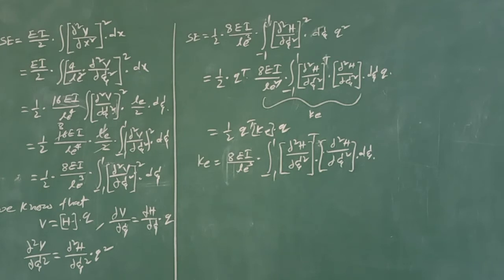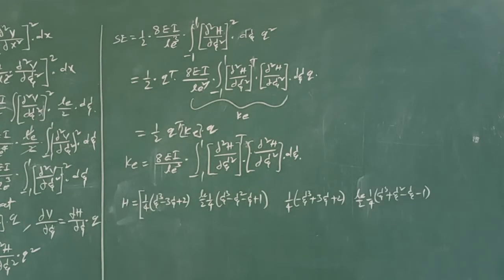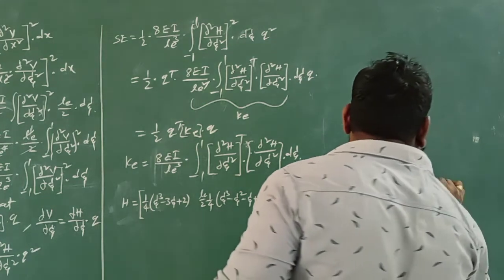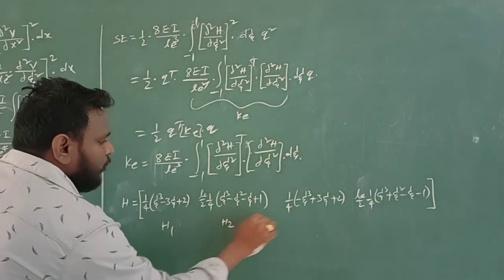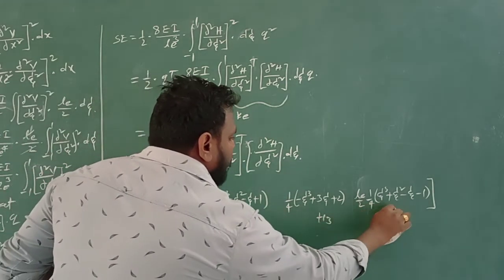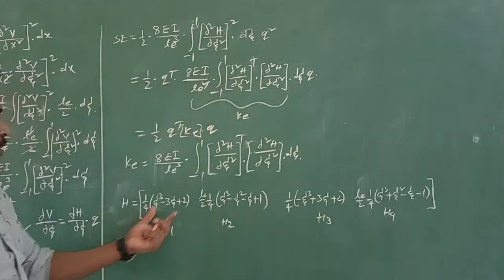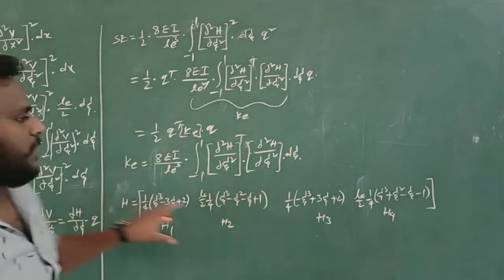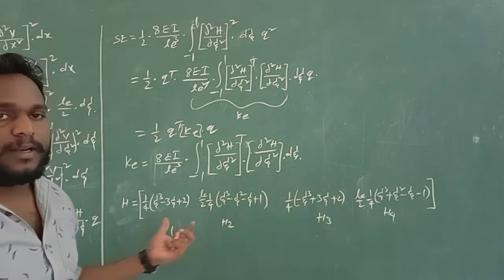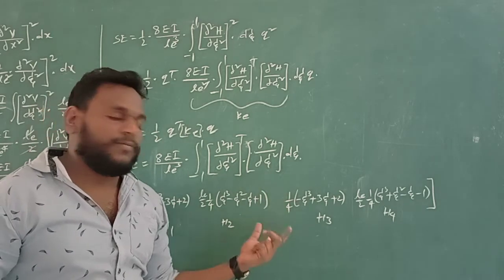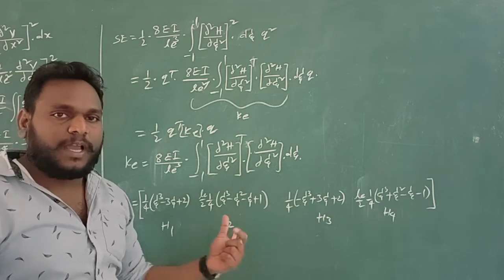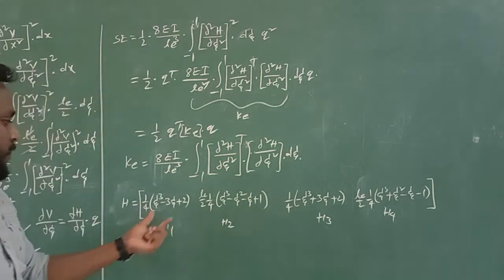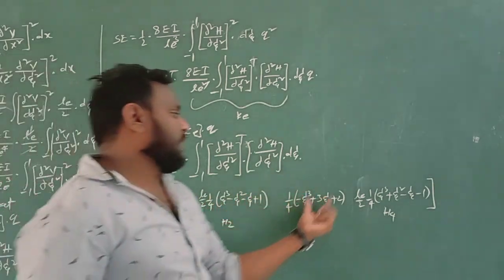I have already done a video on this, please visit that video if you have any doubts. This is h1, h2, h3 and h4. This is the H matrix, that is the Hermite shape function matrix.